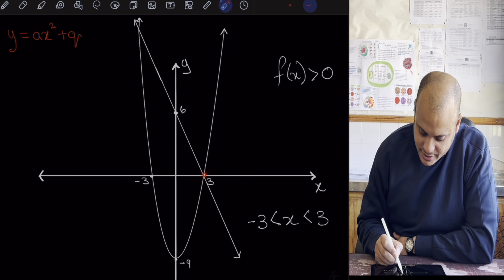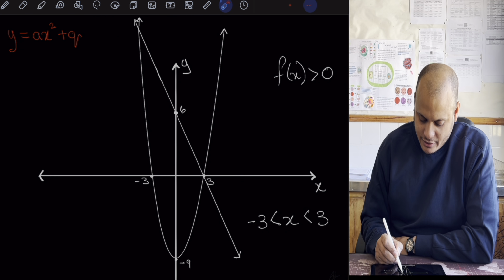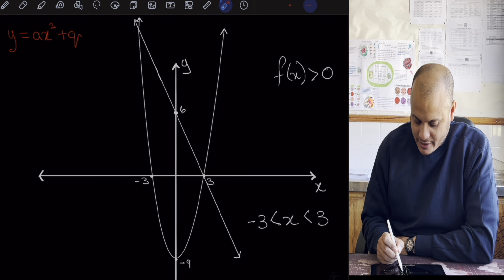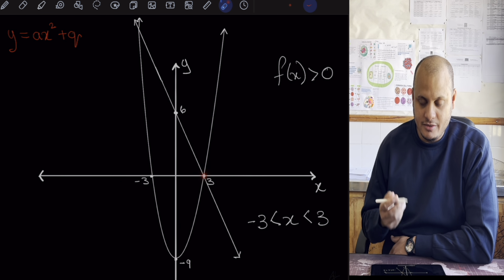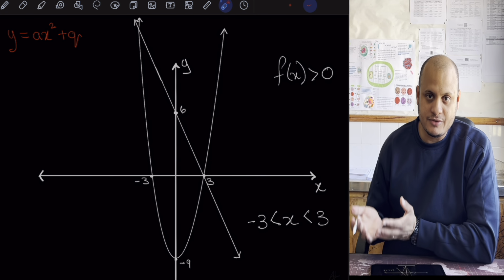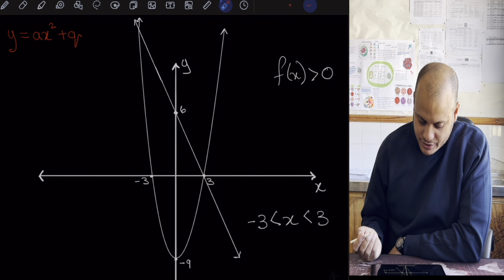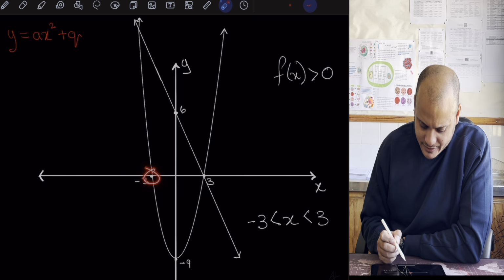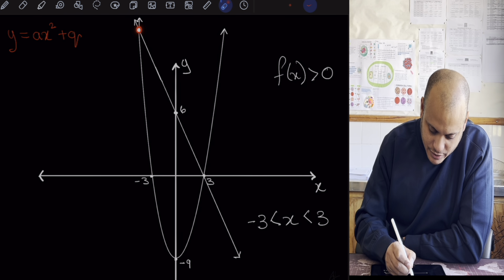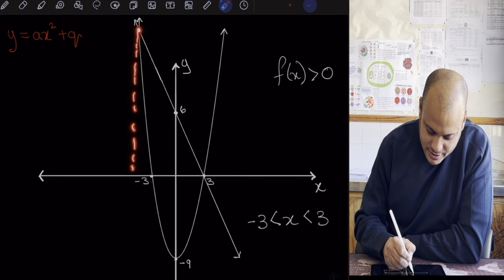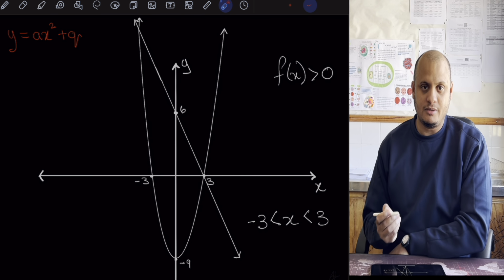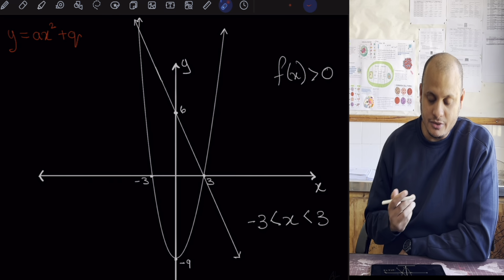Our intersection point here is just coincidentally on the x-axis, and it's one of the roots and also, of course, the x-intercept of the straight line. So that is why 3 will be a reference point for us to see how the two graphs are behaving in relation to each other, but not this one. So we need to find out what the x value is here, so we can see how we are going to write out our inequality.